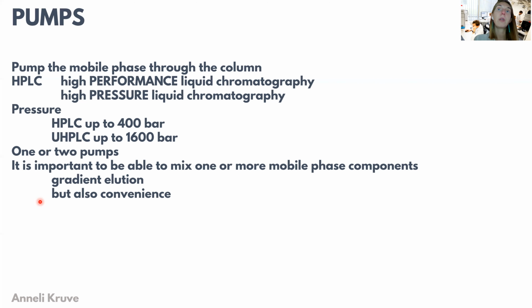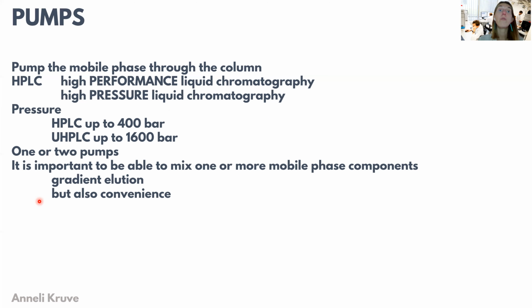This mixing of the different mobile phase components is useful for two reasons. Firstly, in case of reverse phase chromatography and HILIC, we very often use gradient elutions. So these are cases where we change the mobile phase composition during the elution.